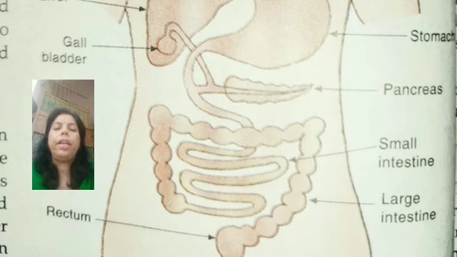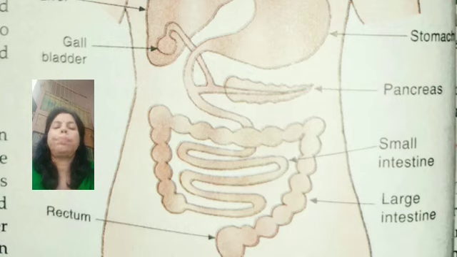Now the undigested food reaches the end part of the large intestine known as the rectum. From the rectum, it reaches the anus and the undigested food comes out of the body in the form of fecal matter, which is known as the egestion process.